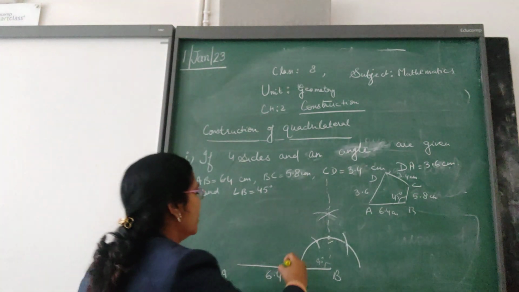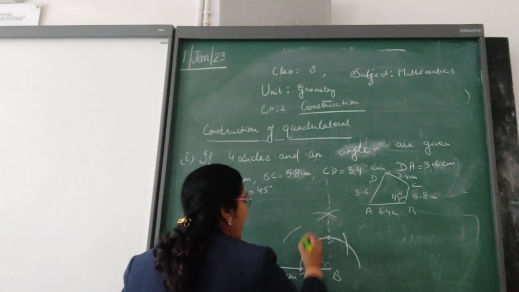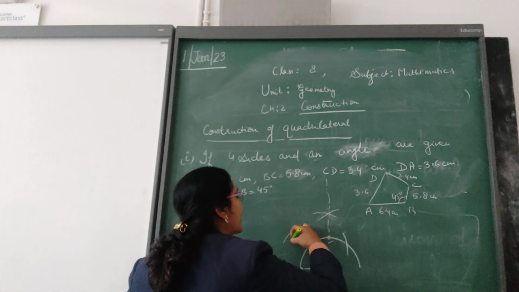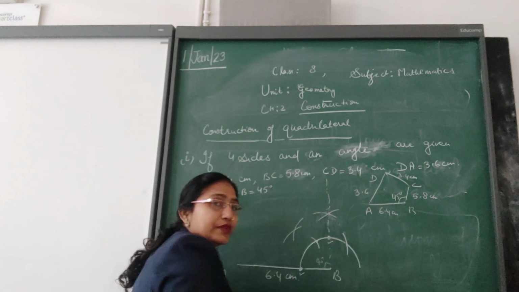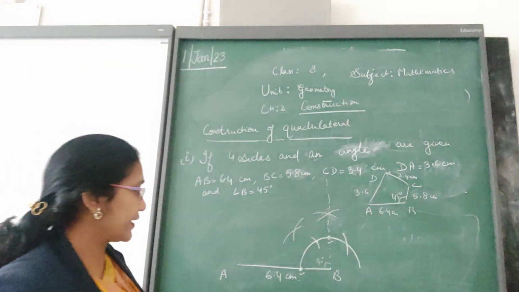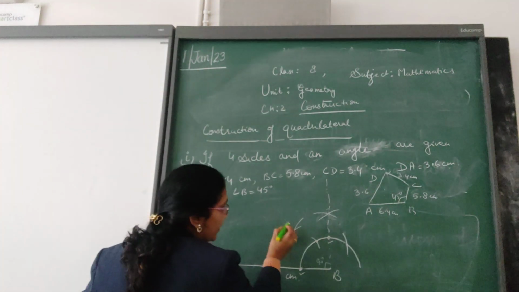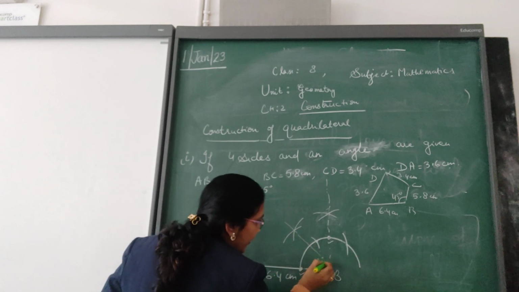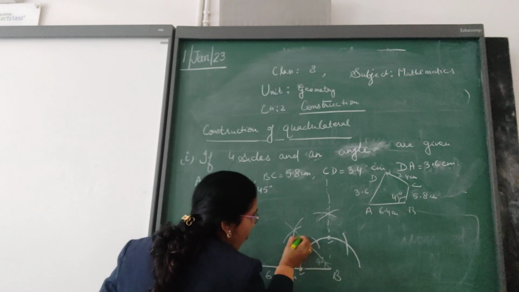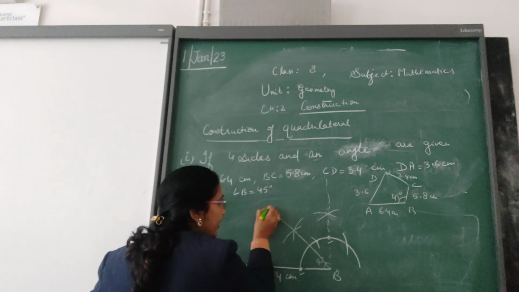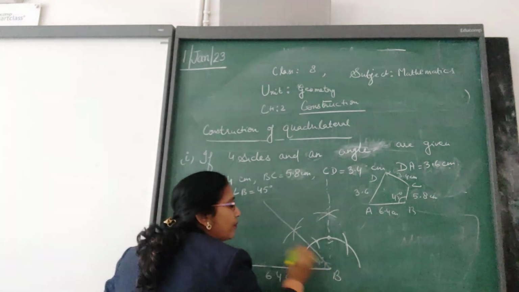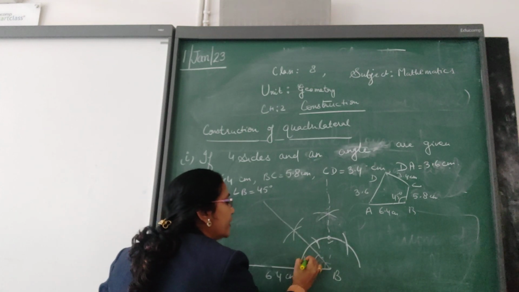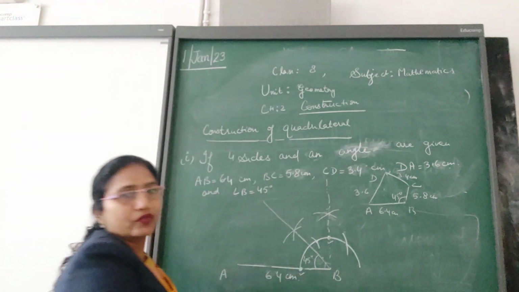So first of all, you are getting this arc by this center, and from this center you are getting this. These two are intersecting, and the intersecting point meets with the point B. So this will show 45 degree angle at the point B. This becomes the 45 degree. Mark here 45.